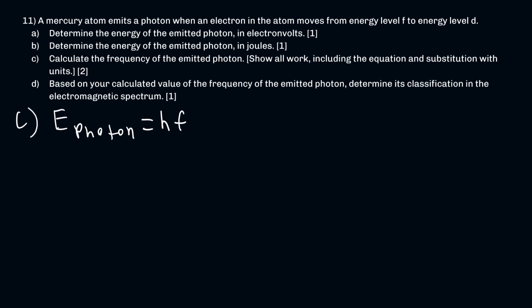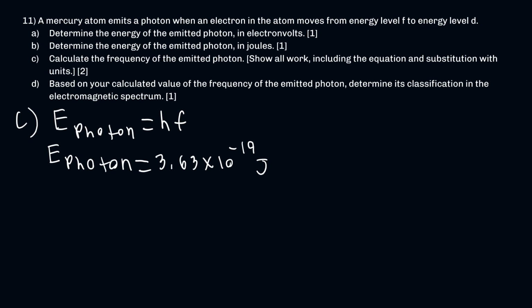We have here my energy of the photon in joules. That's what you want for this equation. That's why we made that conversion. The energy of the photon in joules, so E photon, we got in part B as 3.63 times 10 to the negative 19th joules.